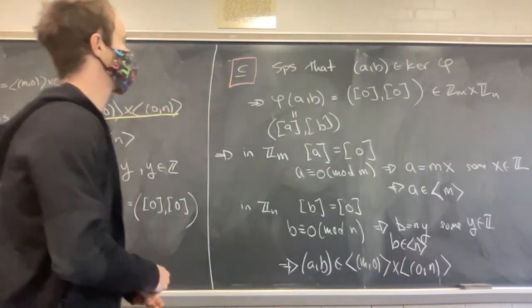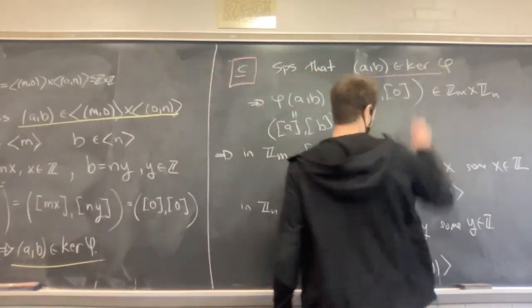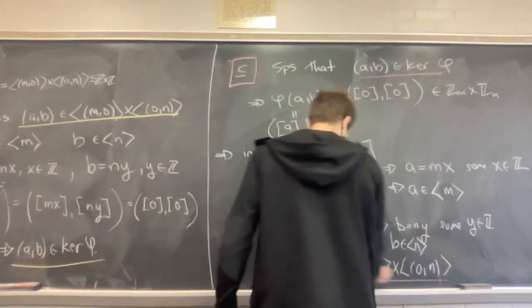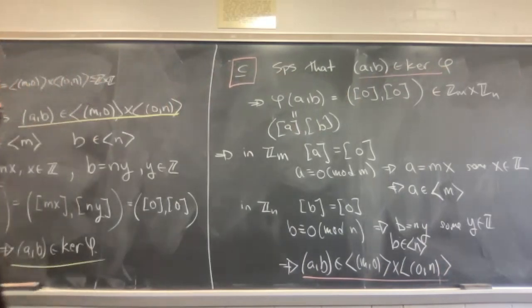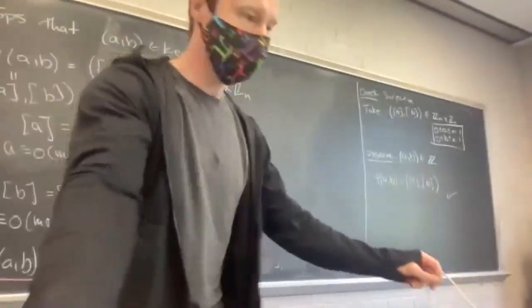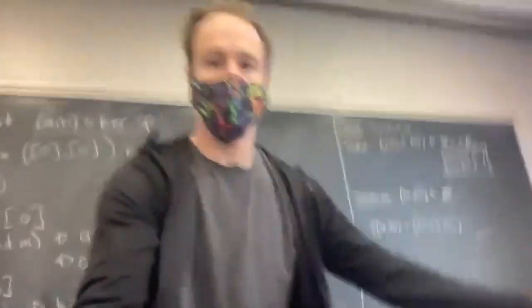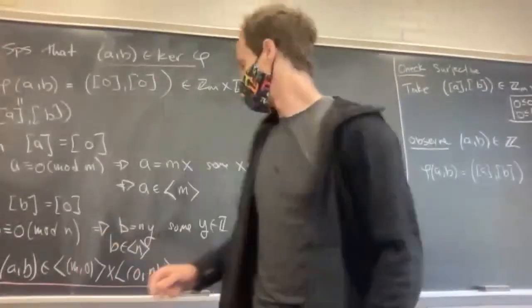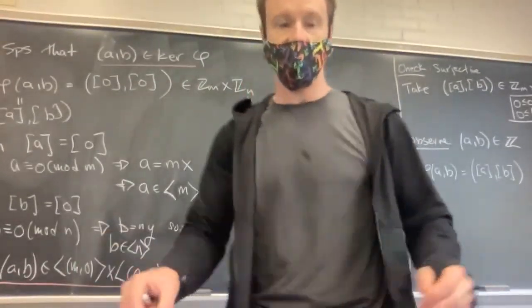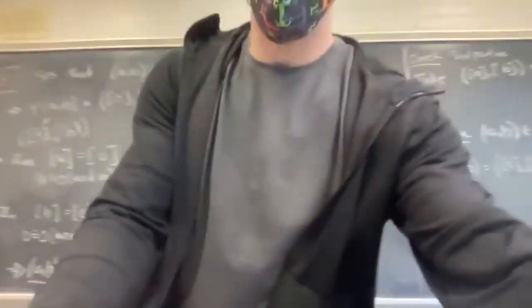But notice we started with AB in the kernel. We ended with AB in that, so that finishes that the kernel is equal to what we wanted it to be equal to. And now we're home free. And we can just write down the answer after doing all of that.